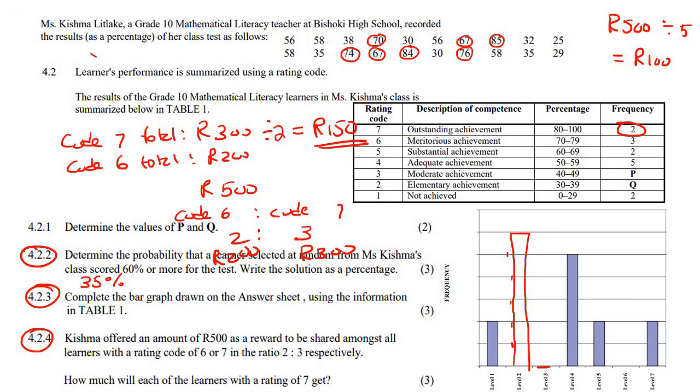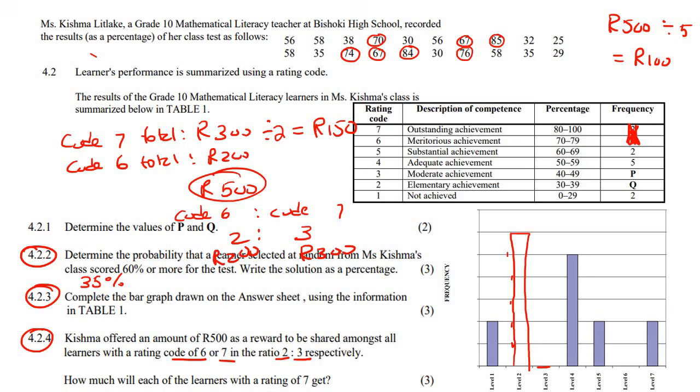Let me explain that again. This teacher is going to give 500 Rand. She's not looking at these numbers here. She says that she'll split the 500 Rand into the ratio of 2 to 3. So the code 6s will get a ratio of 2, and the code 7s a ratio of 3.